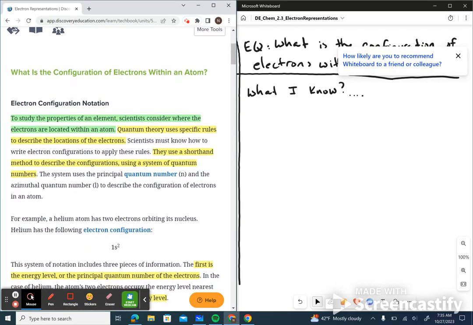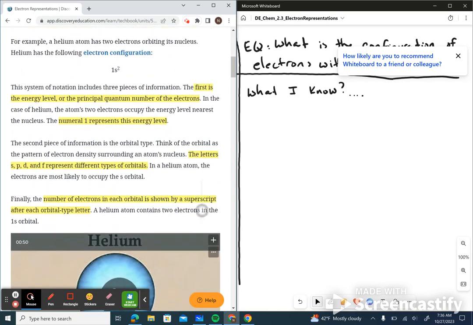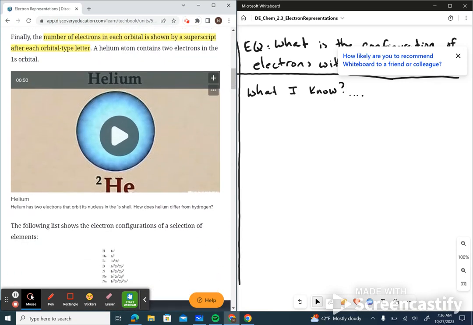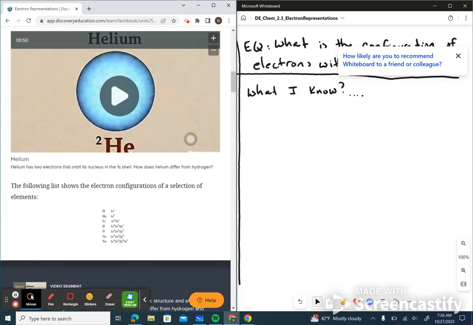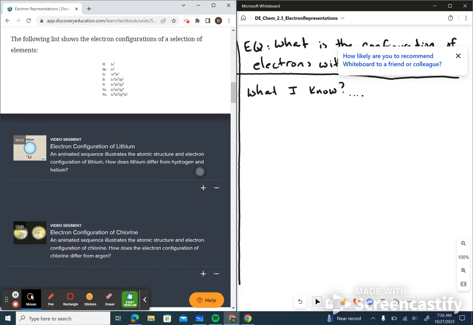So when you take a look at our notes, we can see we have a few different sections. Electron configuration notation. Okay. Got a few vocabulary words here: quantum number, electron configuration. We've got a video. I imagine it's going to show us about electron configurations. A second video on lithium.